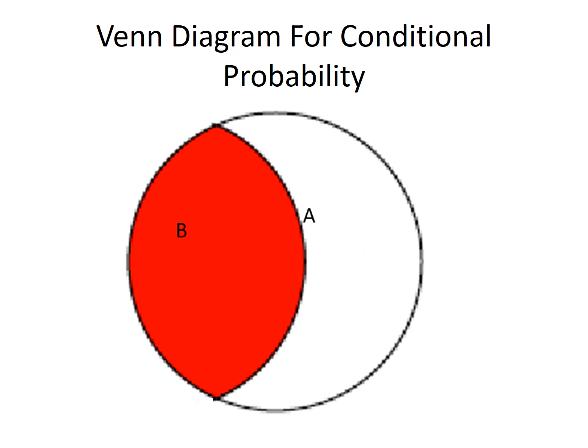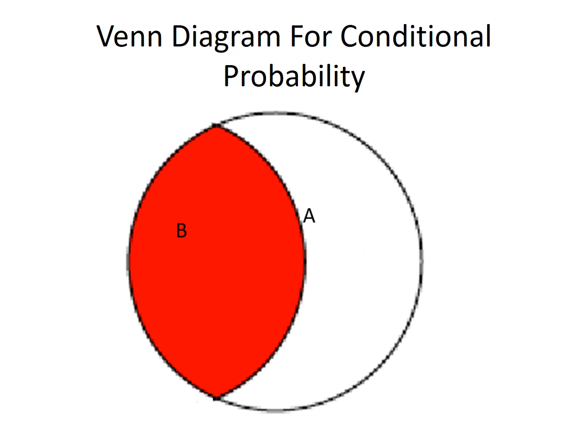And what this basically suggests is that the probability of B given A, or the probability of event B occurring, given that A has already occurred, can be measured by how much area event B has inside the set A when it comes to Venn diagrams.